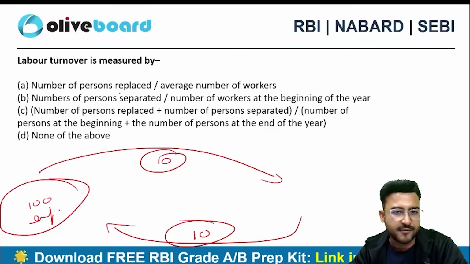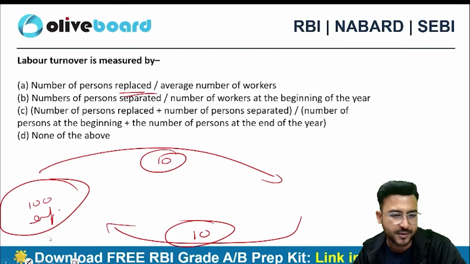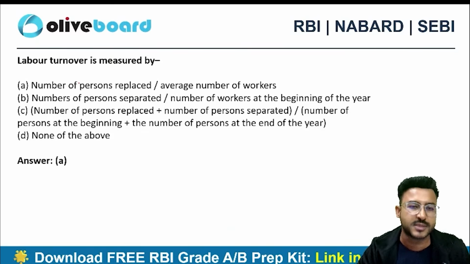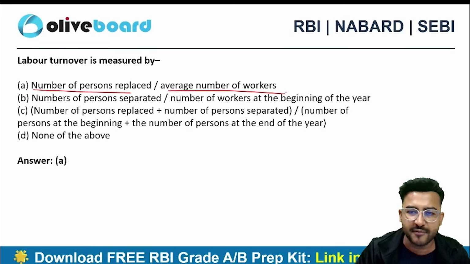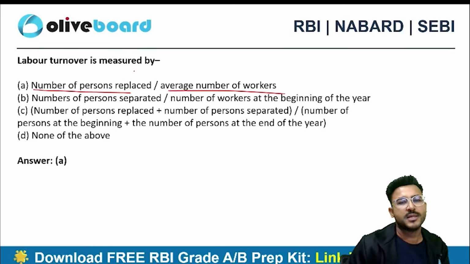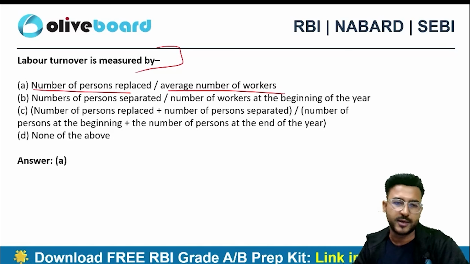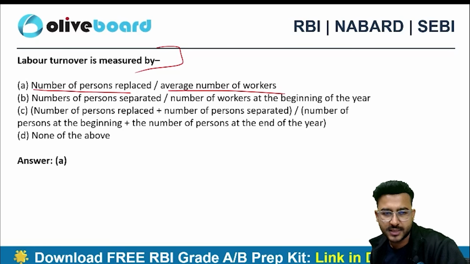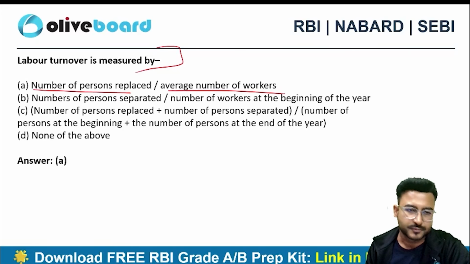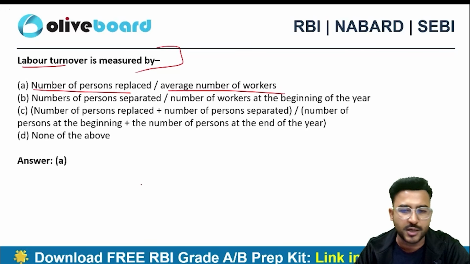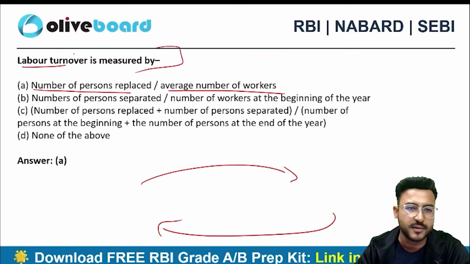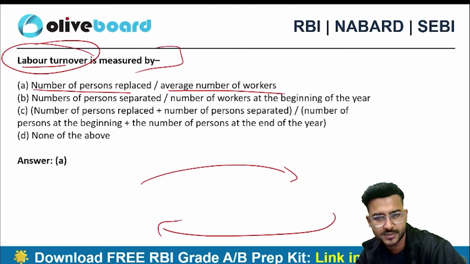So I can say that I have replaced these employees. So the number of persons replaced divided by the average number of workers. This is the formula of the labor turnover, right? That's what labor turnover is all about. Here we don't care about separation, right? So how much labor is turned over? That's what the meaning of labor turnover ratio is, right?